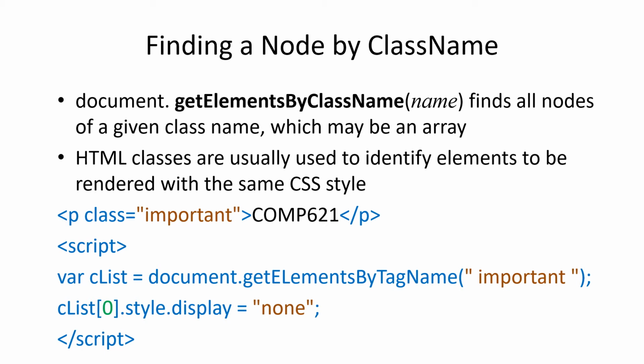We say bracket 0, that identifies the first element in the list, .style, and we're changing the style to display none. Initially, the class was important, then it's changed to none. So assuming the style sheet had a specification for the class important and how important things should be displayed, now we've taken that off and it will no longer display according to that style sheet. It'll display in the normal format that the browser normally does.